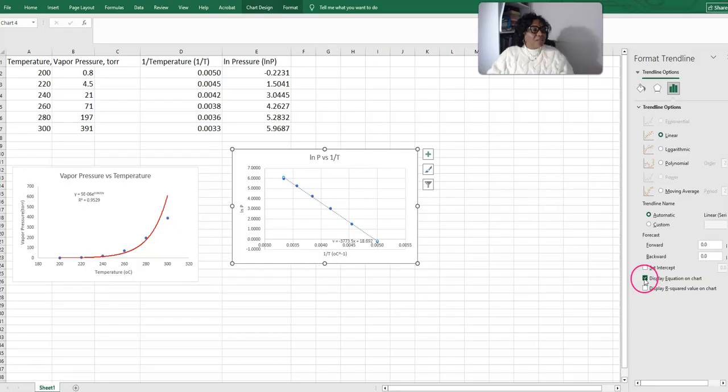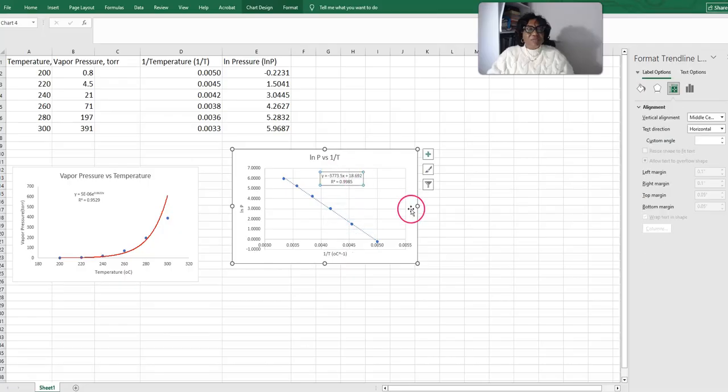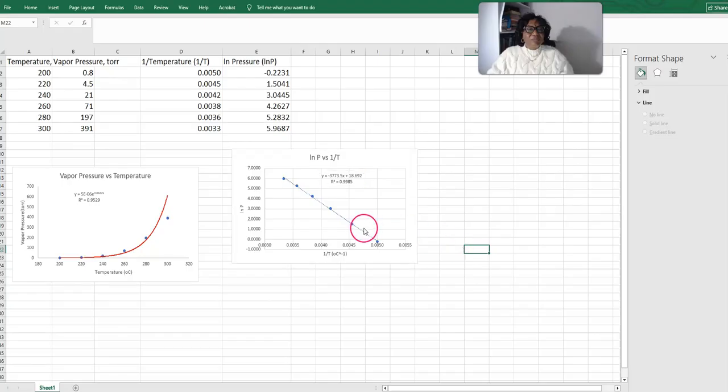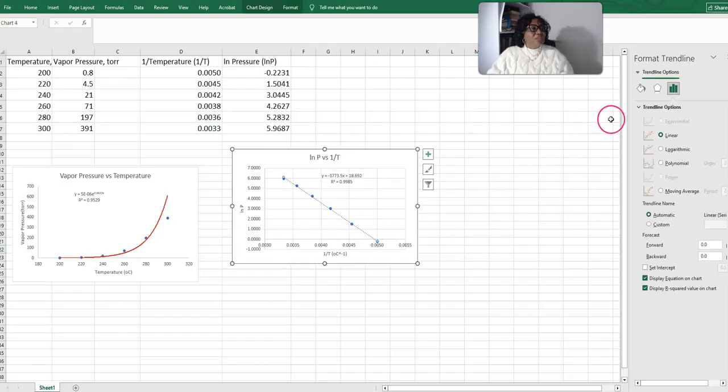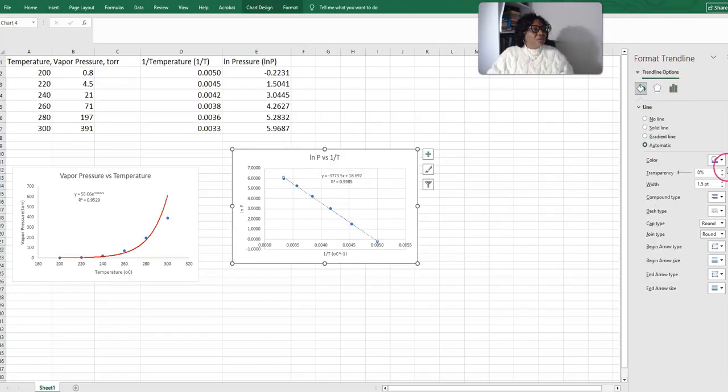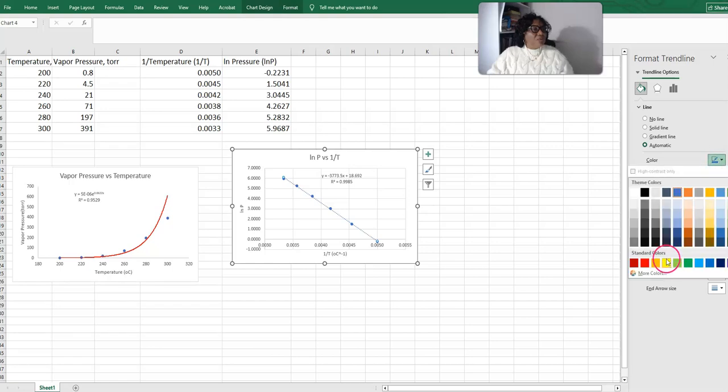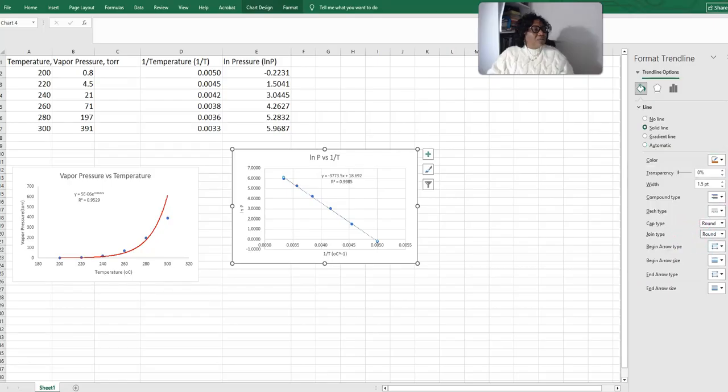Then click equation of the line and R square value to see how well the values fit a straight line. So that's our equation of the line. You can change the color. I like this. Then you can put it to solid line. So that's it.